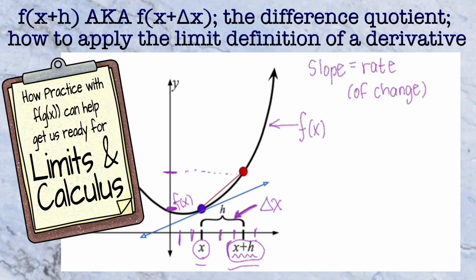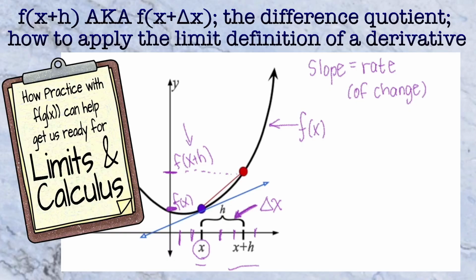Well, if the input is x plus h, then the output is the f of x plus h. All right. So whatever this y value, this x value down here ends up being, we plug it into our function to get the corresponding output or y value. Hopefully it's all making sense so far.